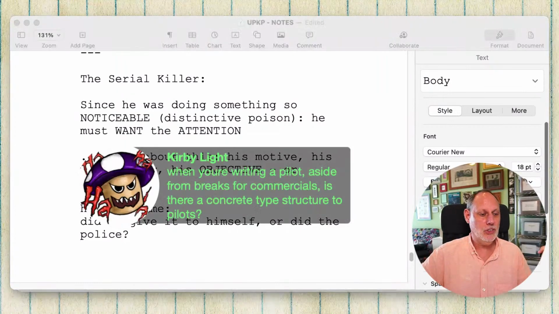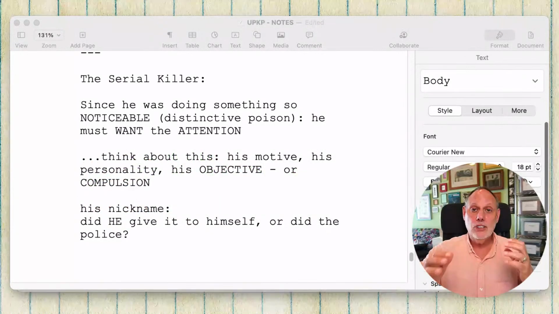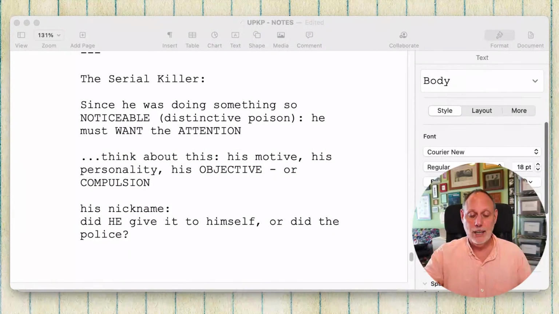Brief question that I think is a good question to answer right now. When you're writing a pilot, aside from breaks for commercials, is there a concrete structure to pilots? The answer is no. There is no single type of pilot format. For one thing, commercials only exist in broadcast TV. There are no commercials on streaming shows.